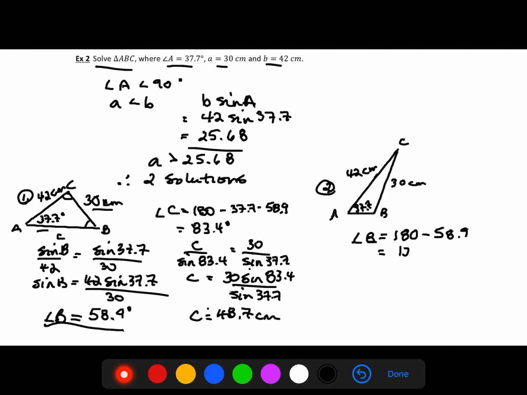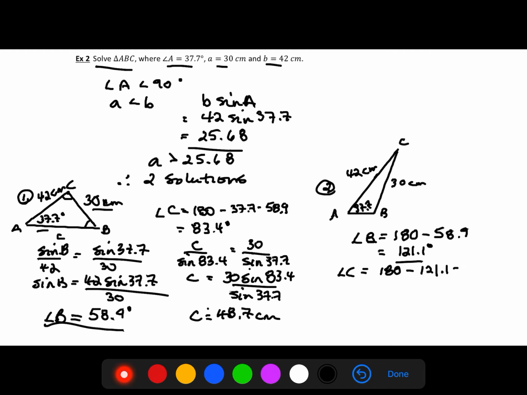What it was in our first triangle, we find the obtuse angle in our new triangle by subtracting it from 180. So in our second case, angle B is 121.1 degrees.